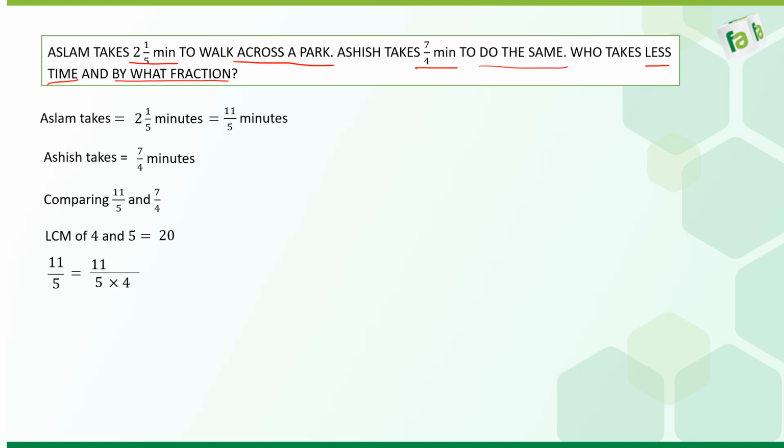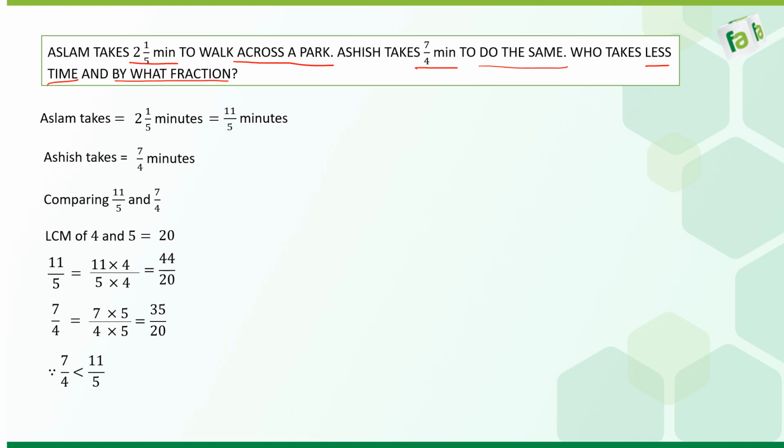Correct, it is 4. But since we are multiplying by 4 in the denominator, we must multiply by another 4 in the numerator as well. Thus, our fraction becomes 44 by 20. We will do the same with 7 by 4 to get 35 by 20.